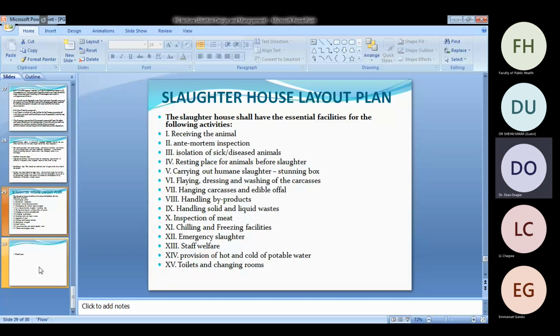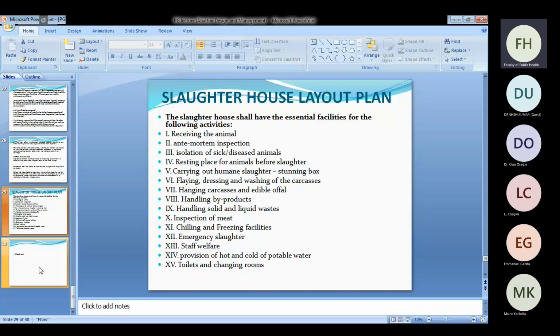Okay, the lairage. Where do you carry out postmortem and humane slaughter? The slaughter in the sunny area. Hall. Yes. What of the flaying, dressing, and washing of carcasses? Slaughter hall. Hanging of carcasses and edible offal, also in the slaughter hall.